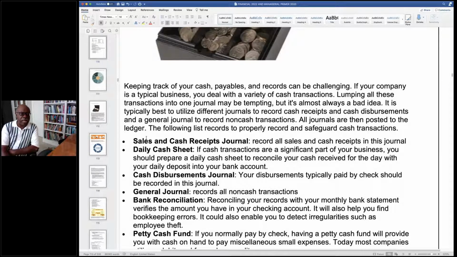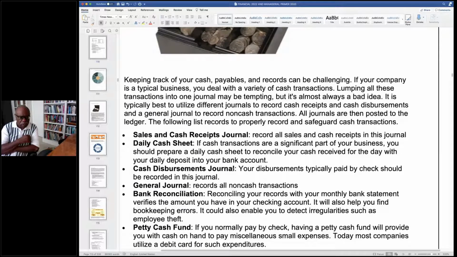And even if we had credit sales and cash sales, one column for cash sales, another column for credit sales, and then a total sales. So rather than making the postings daily, you could add up everything and post once a month. Same thing with disbursements. And so this helps the process and simplifies it.